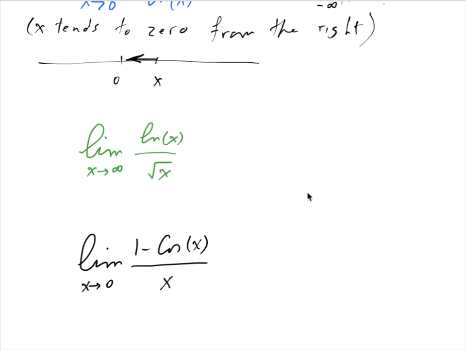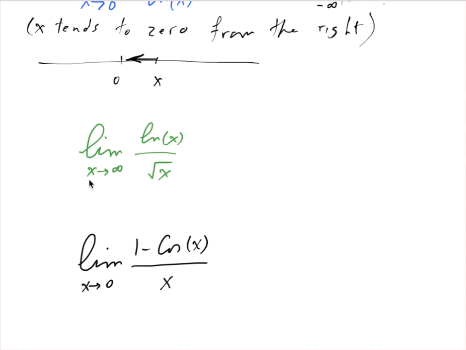Those are the only two types of limits L'Hopital's rule directly applies to. You will see in the subsequent videos that there are other types we're going to consider, but we will reduce them to these two special types, so we can apply L'Hopital's rule.